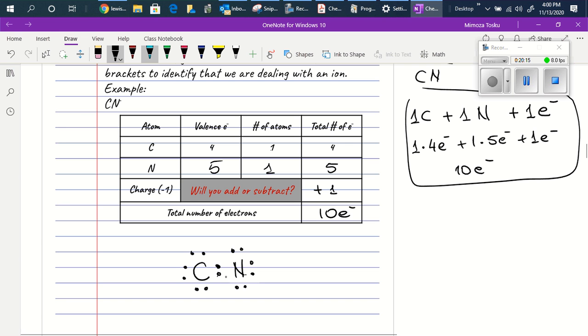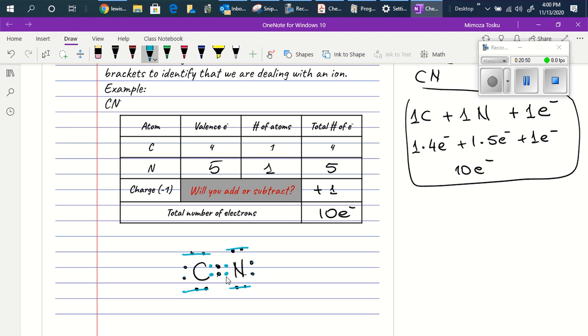Okay, so then what we do is we get rid of 2 and replace them with a bond, a double bond in between the two elements. Let's count. 1, 2, 3, 4, 5, 6, 7, 8, 9, 10, 11, 12. Again, too many. Let's get rid of 2 and replace them with a triple bond. Now, let's count. 1, 2, 3, 4, 5, 6, 7, 8, 9, 10.